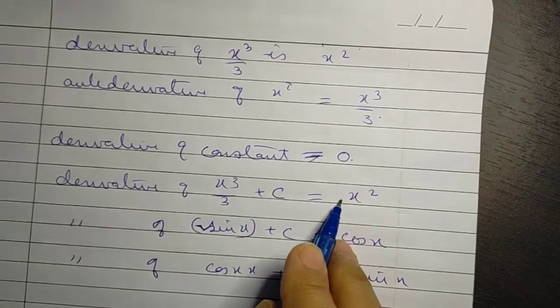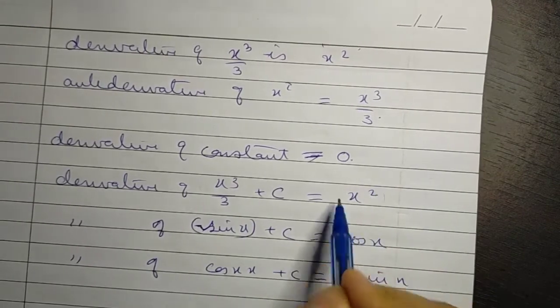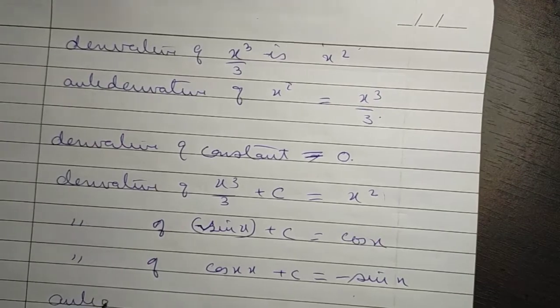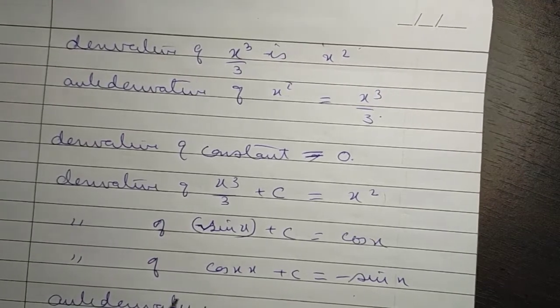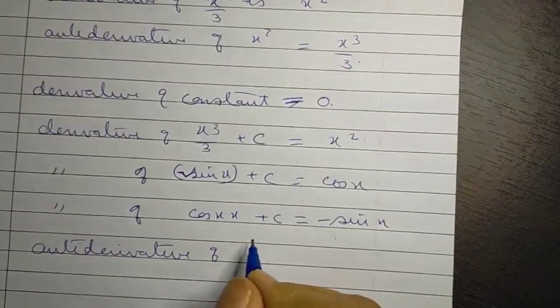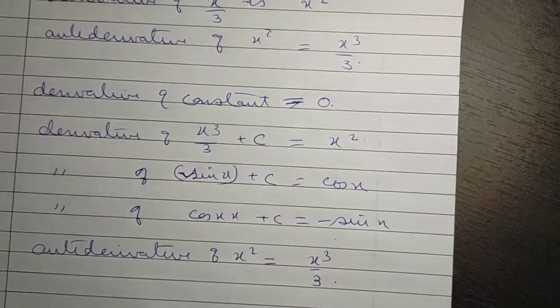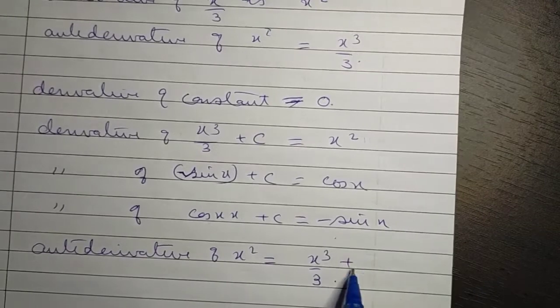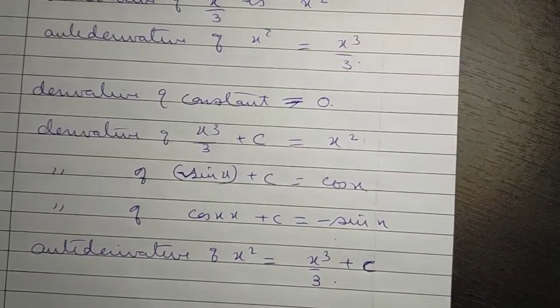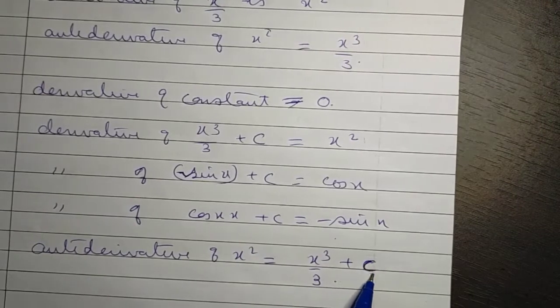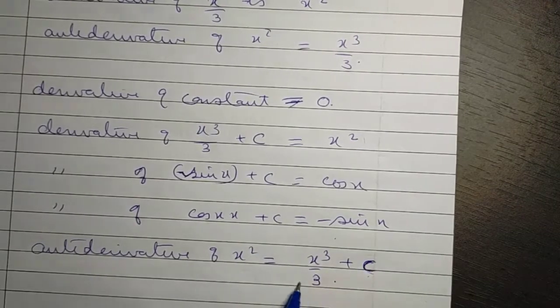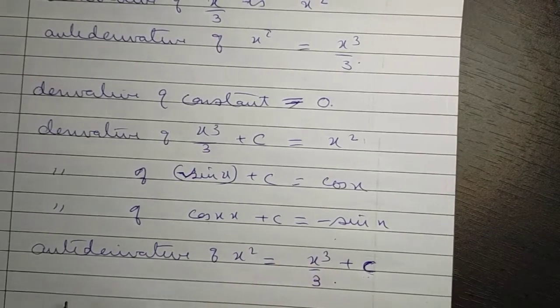So instead of writing the antiderivative of x square as x cube by 3, we can also write it as x cube by 3 plus c, because no matter what value c takes, the derivative of x cube upon 3 plus c will always be x square.